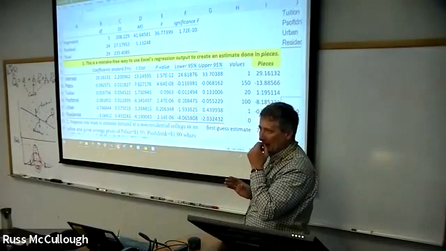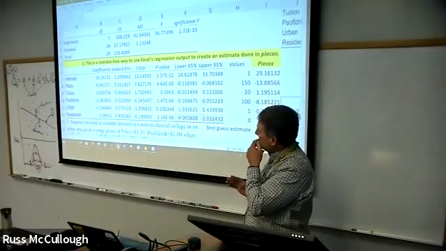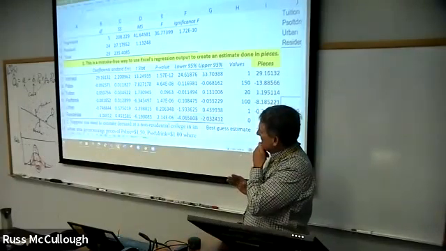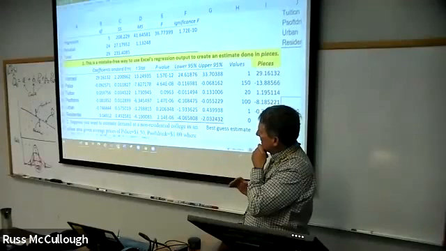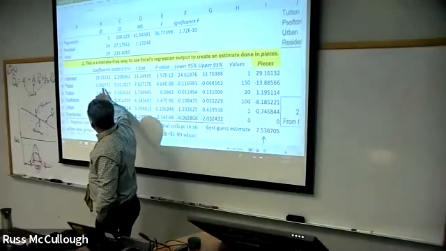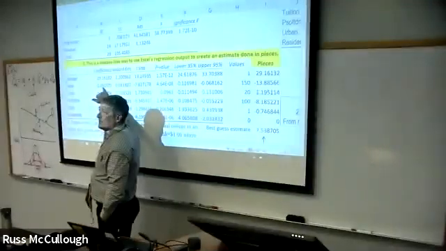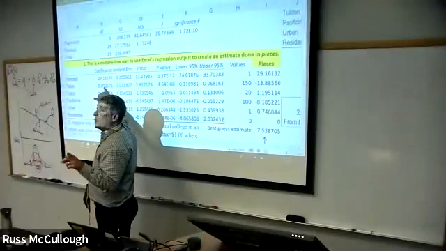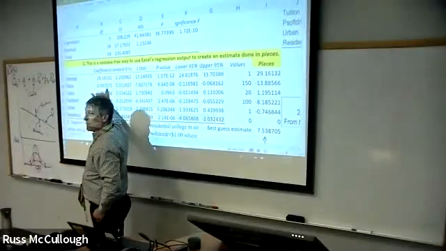That's what I'm saying. You interpret it: a 1 unit increase in price will lead to a 0.09 decrease in quantity of slices. Remember, this is the effect on the quantity of slices.